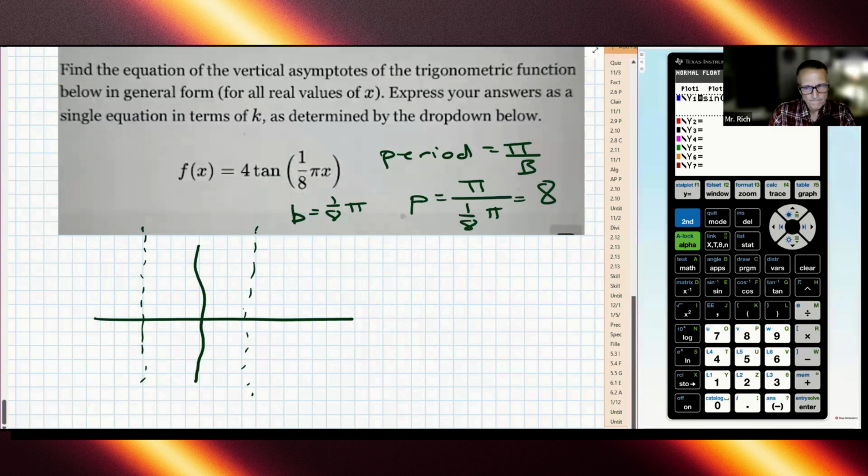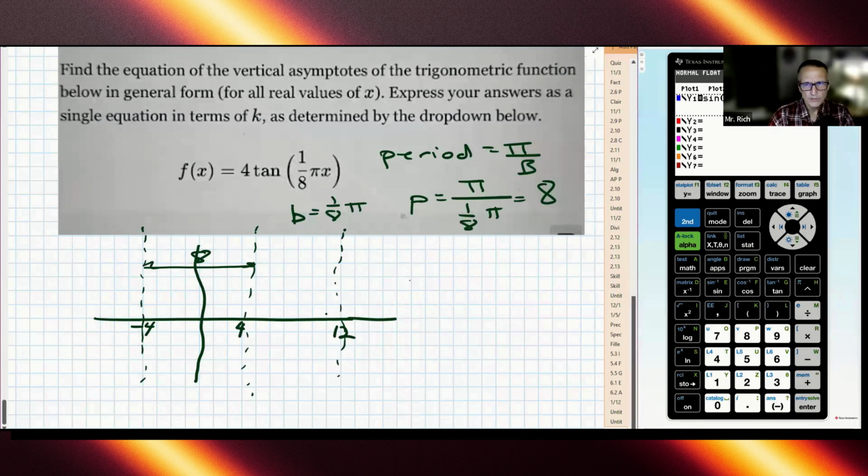That means there is a distance of 8 between those two vertical asymptotes, so this occurs at 4 and -4. Then the next one would be at 8, another period away, at 12, like that.